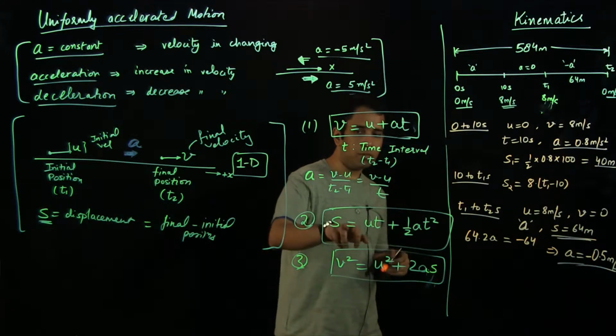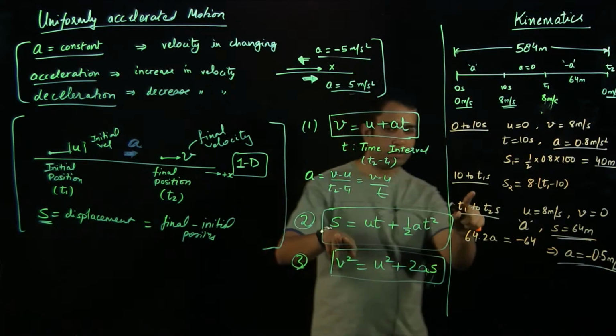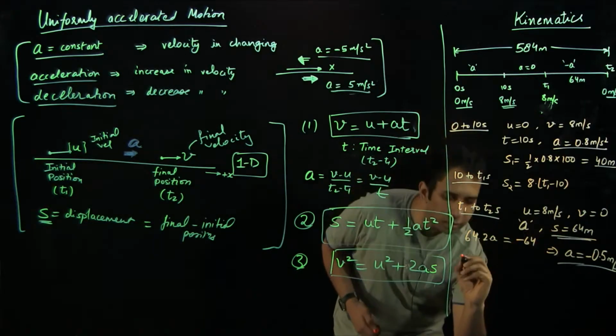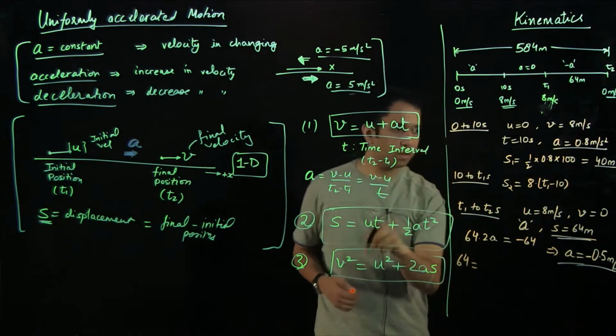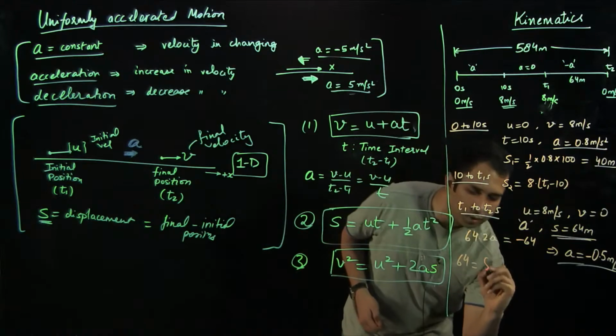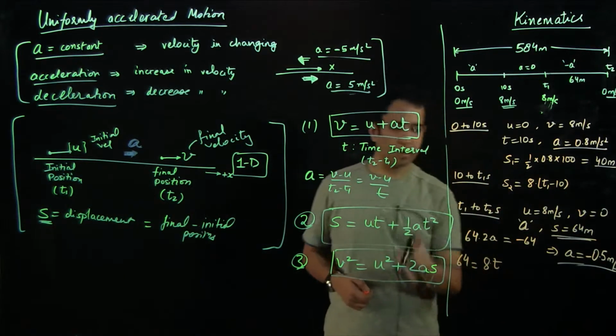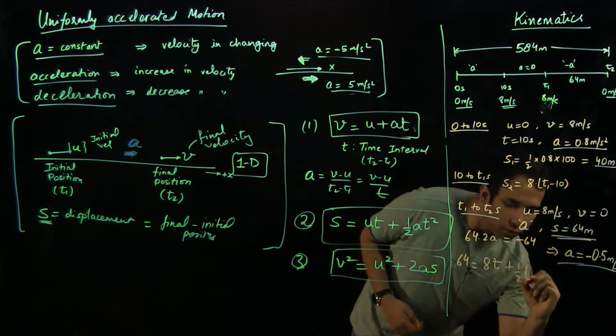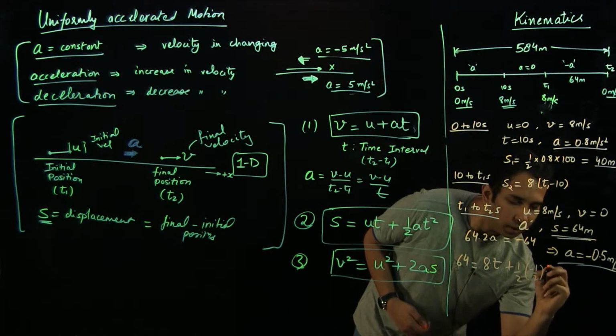Let us also apply the second equation for the third time interval. Now we know that 64 is the displacement, u is 8 meter per second, so 8 into t, plus half, I know the acceleration now, which is minus 0.5, into t square.